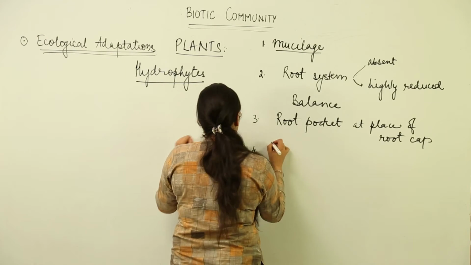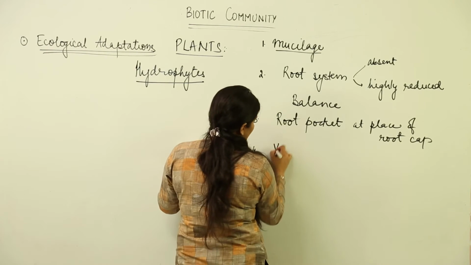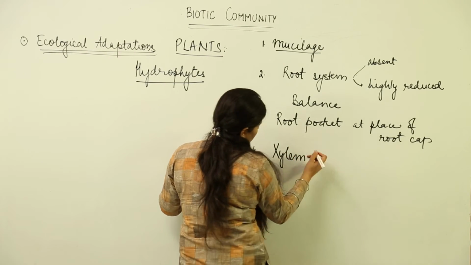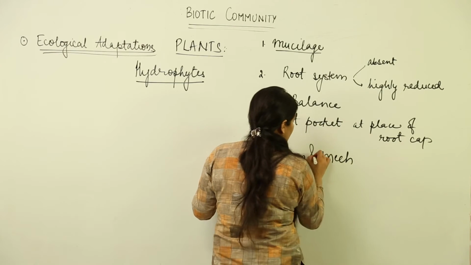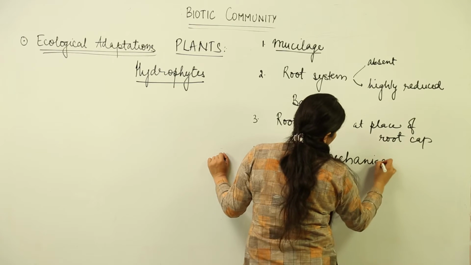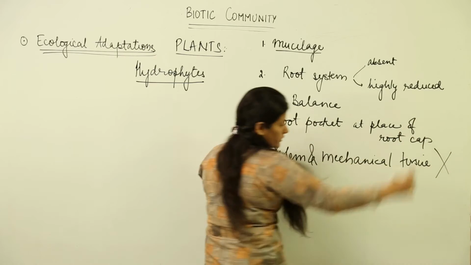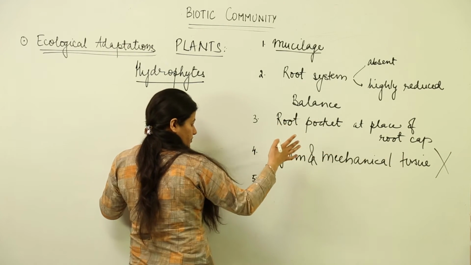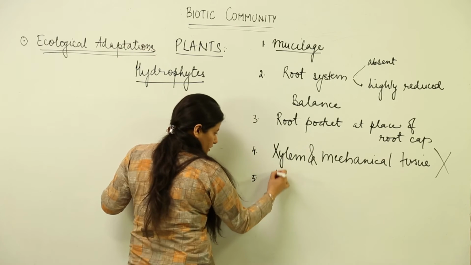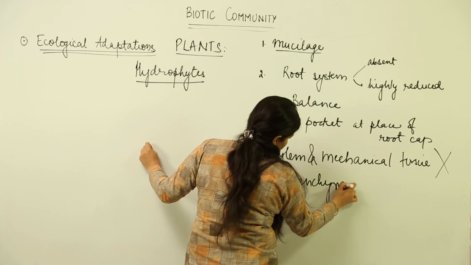Then we have the mechanical tissue which is almost absent in it. Then we have xylem, that is also almost absent. Xylem and mechanical tissue are almost absent. Moving further, because mechanical tissue is absent, what is present? It is parenchyma. Now what is this parenchyma?